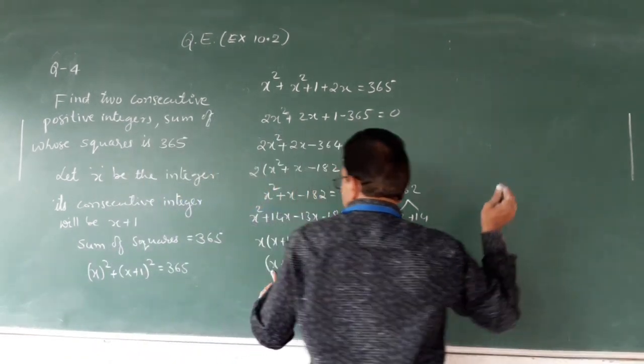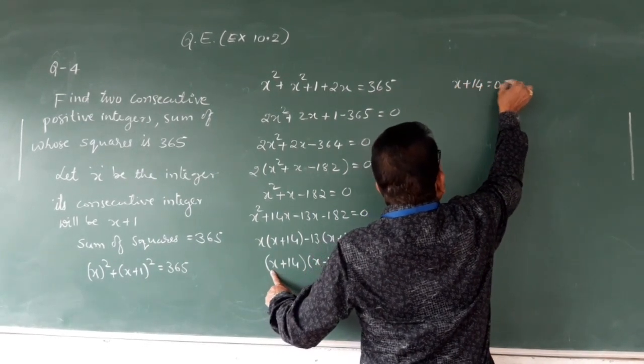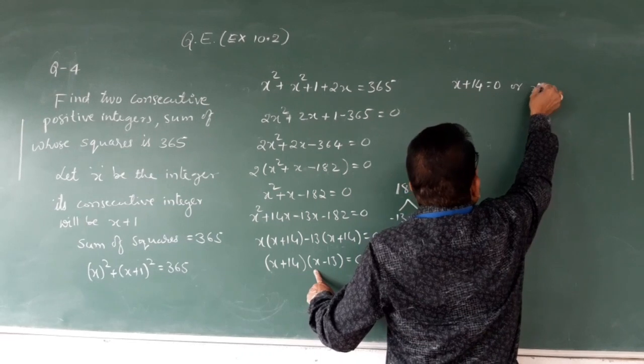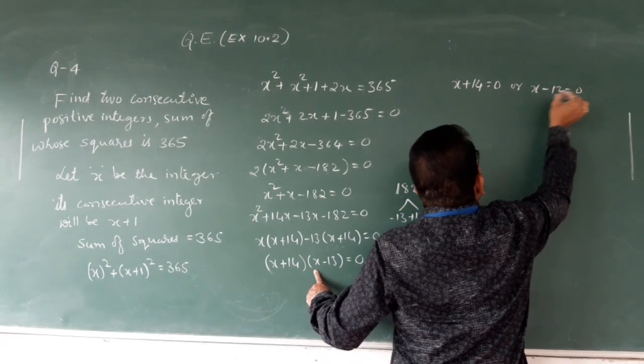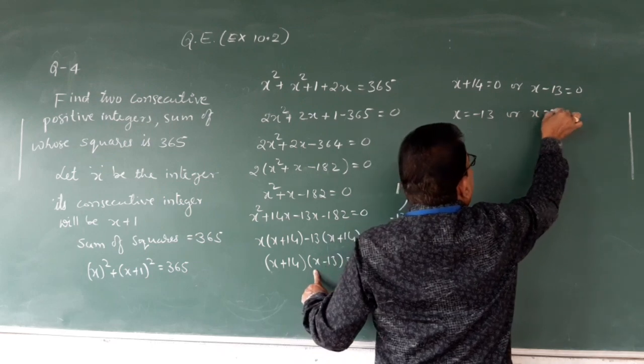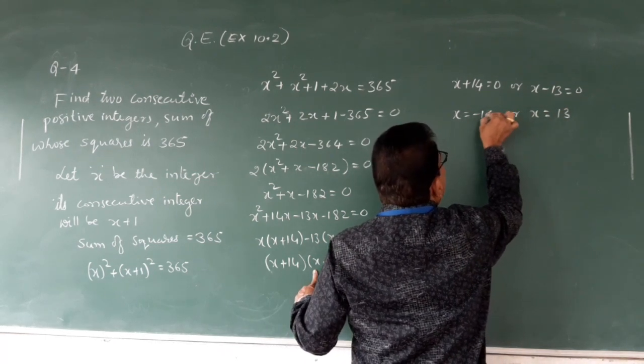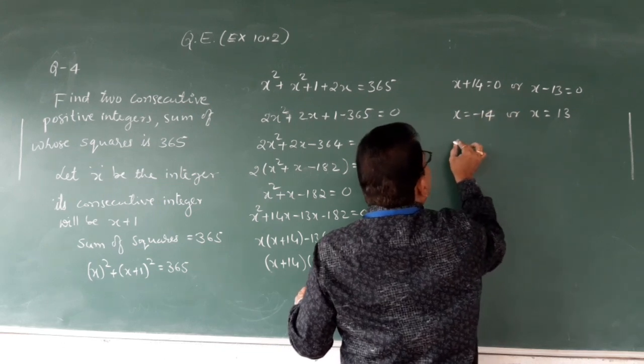Now x plus 14 and x minus 13 are the two factors. Now let us find the value of x. x plus 14 equals 0 or x minus 13 equals 0. x is equal to minus 14 or x is equal to 13.